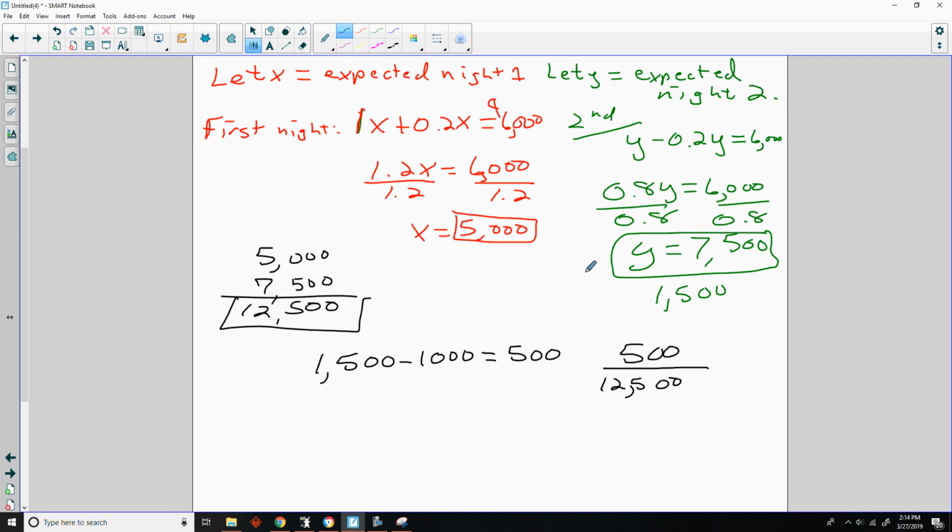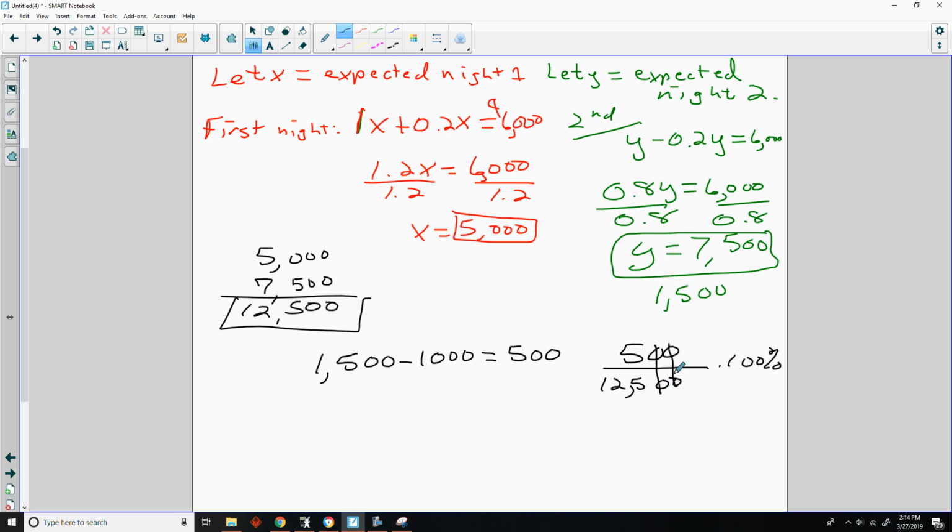So we're taking the difference of the 2 nights. One was 1,000 over, one was 1,500 under. That's a difference of 500. And then we divide that by the 12,500, the total attendees expected for the 2 nights. And when I divide these and multiply by 100%, I'm doing the formula here: the difference divided by the total times 100%.